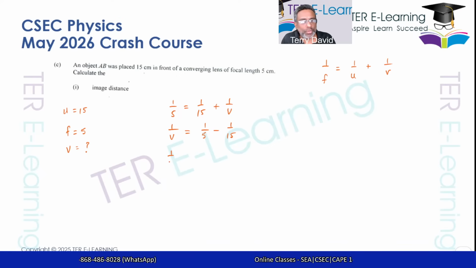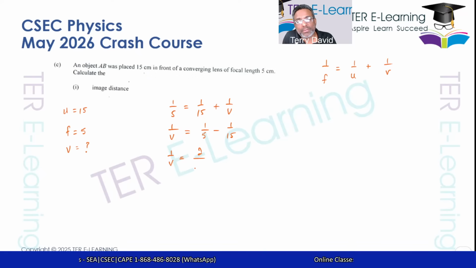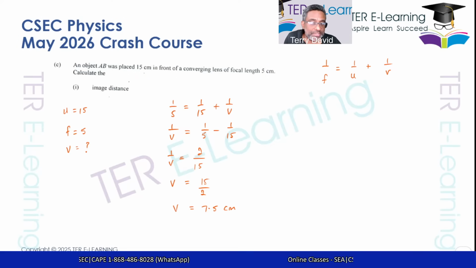And we're going to get 2 over 15. Now that there is not the answer. V now, you have to invert this. V is going to be 15 over 2. So therefore, V is 7.5 cm. So that's your image distance here.